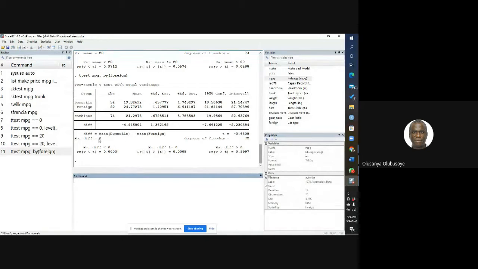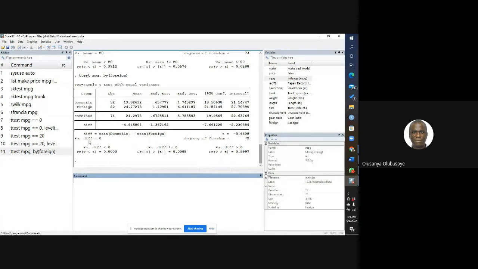If the difference is 0, it means the population mean of domestic is the same as that of the foreign. So this test is actually saying there is no difference between the average MPG for domestic and average MPG for foreign.